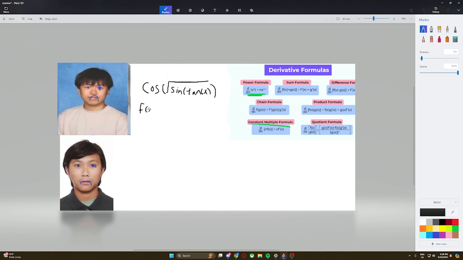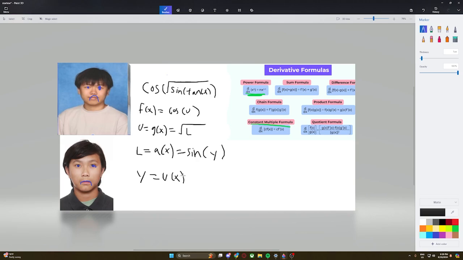So f of x equals cosine u, where u equals g of x, where that is also equal to the square root of, let's say, L. And then L is equal to a of x, which is sine of y, let's say that, where y equals b of x, where that is equal to tan x.